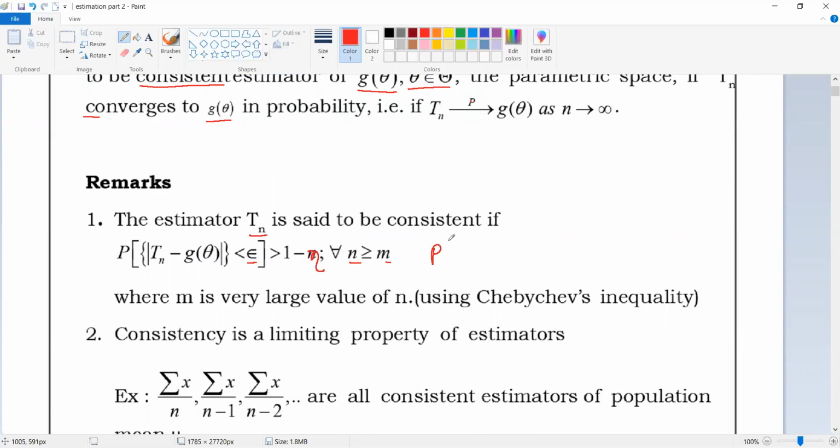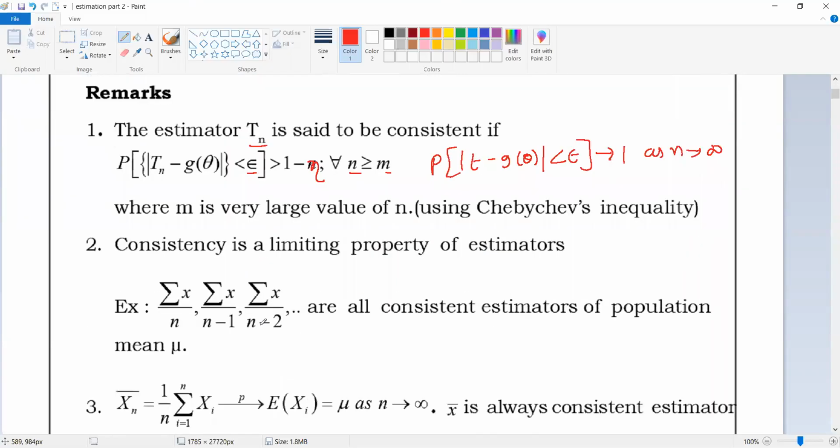Alternatively, the probability of modulus T minus g of theta, T is a statistic, less than epsilon tends to 1 as n tends to infinity. Then T is said to be a consistent estimator of g of theta.